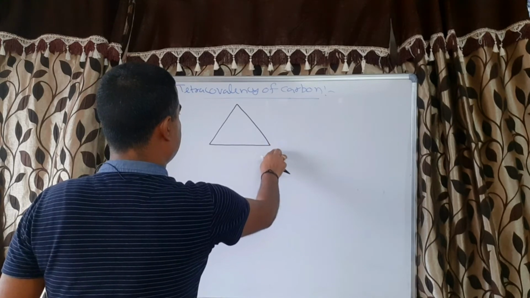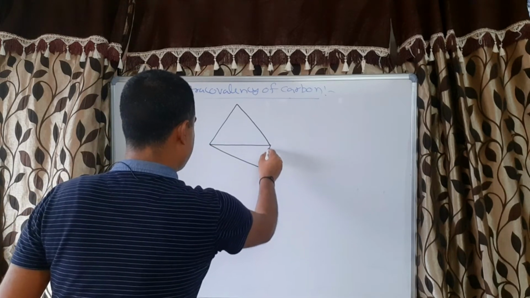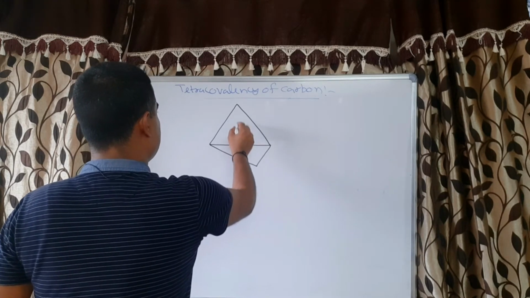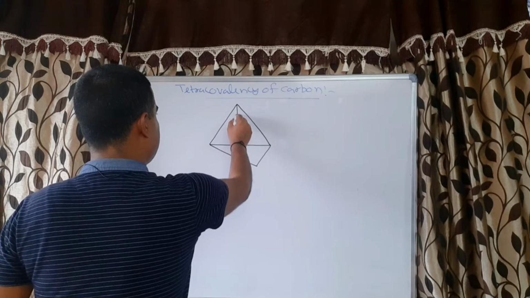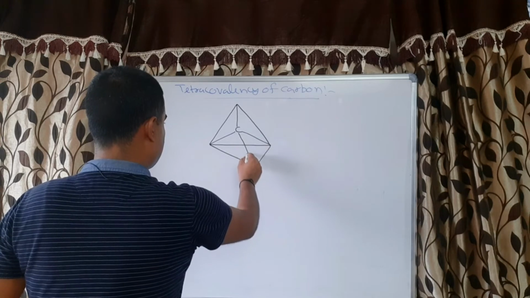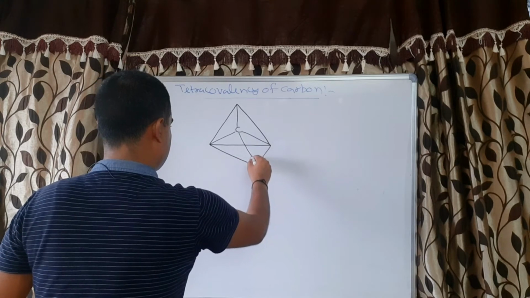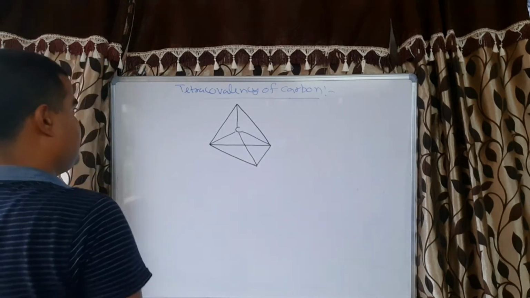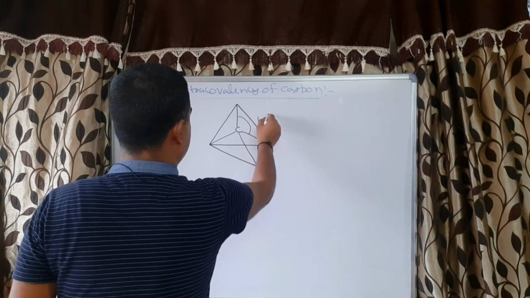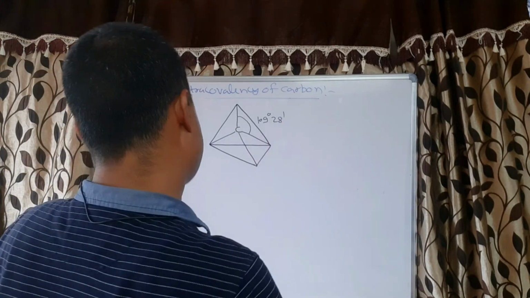This is the triangle, and after that one line will go long and one line will be short, and in the center it will be carbon. Now the 4 valencies of carbon will be directed towards 4 corners, and between two adjacent bonds the bond angle is 109 degrees 28 minutes. This was suggested by Le Bel and van 't Hoff.